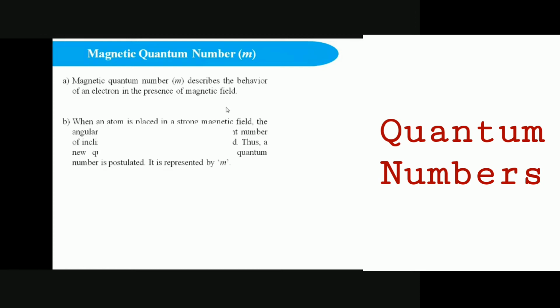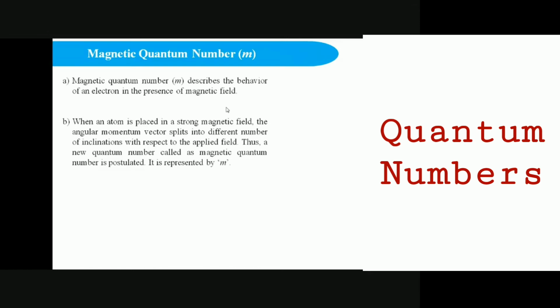So when the electron is placed in some magnetic field, it will move according to the split of vector, and it depends on the inclination with the field. So when the electron moves, it will have some certain path, and that certain path can be represented by some certain line, and it is called the orbital.